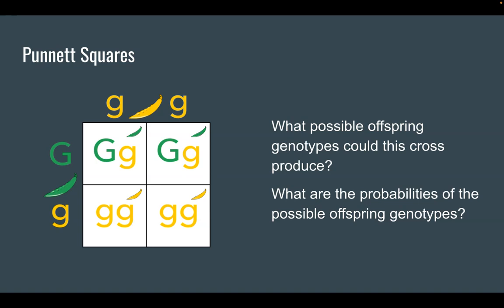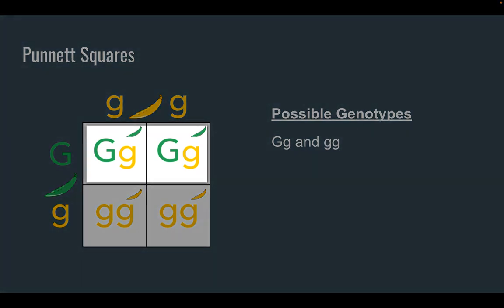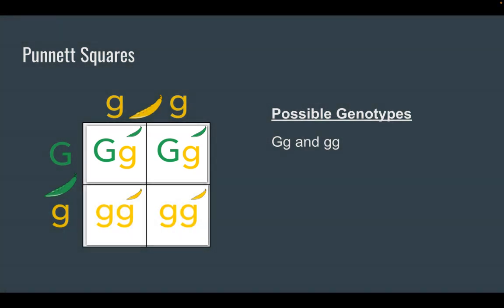With our Punnett square complete, now we can answer those questions. What are the possible genotypes, and what is the likelihood of those genotypes? So first off, what are all the possible genotypes? Well, with these parents, offspring could be dominant G recessive g, or two recessive gs.